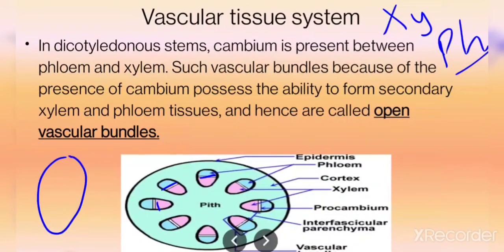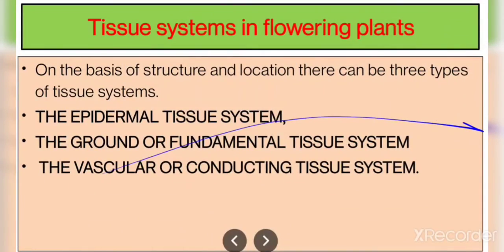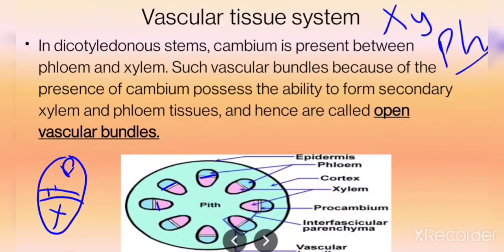If this is xylem and this is phloem, both are separated by a very fine layer of special tissue, and this one is called the cambium. So we need to remember cambium is a special layer that separates phloem from the xylem.